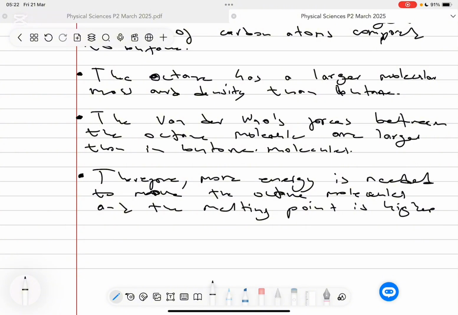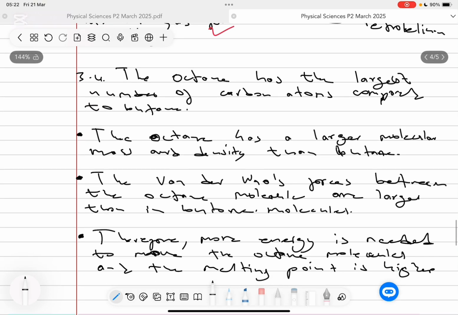Remember here, we're not really reacting these molecules, we're just changing their phase from a solid to a liquid. So basically we are making that molecule much more elastic, so that it is much more of a fluid and it can move. So it will require much more energy to do that.